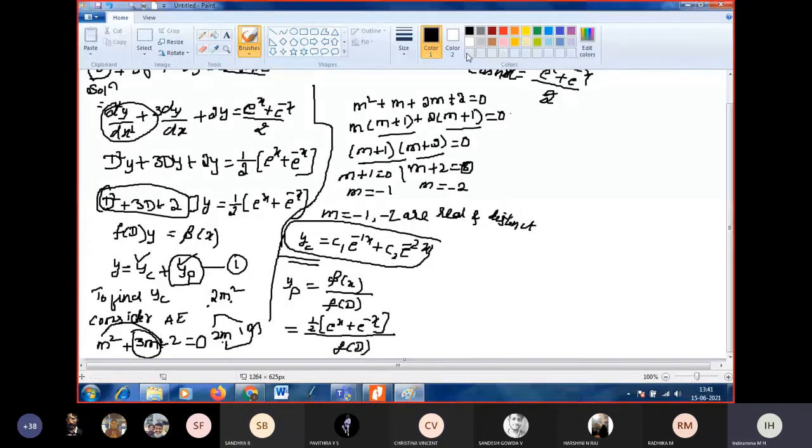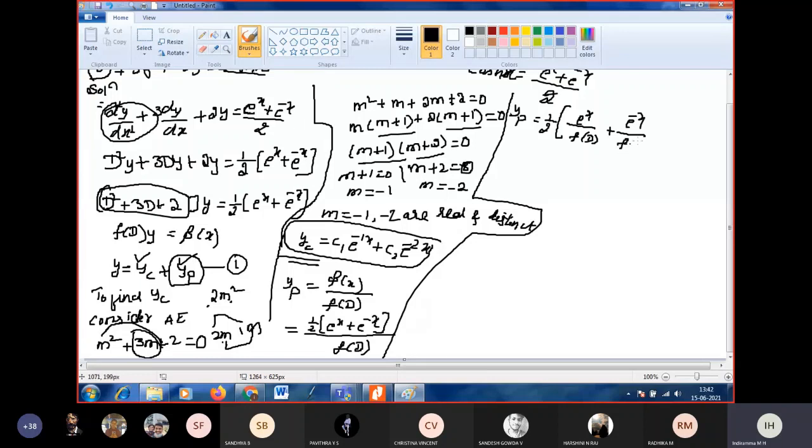Next, I want to simplify the RHS first. So we obtain yp is equal to 1 by 2, you can keep it out, e power x by f of d plus e power minus x by f of d. Now substitute.